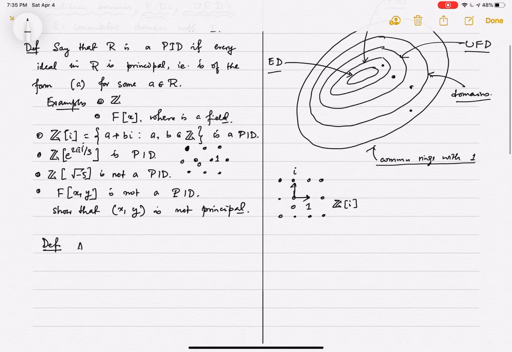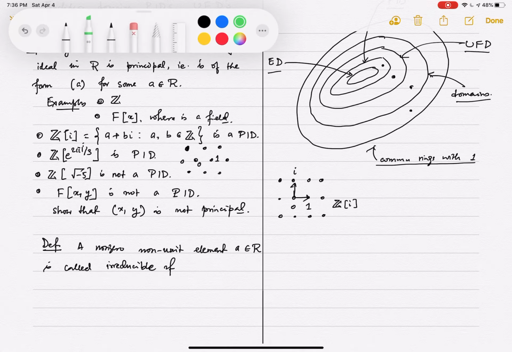A non-zero, non-unit element a in R is called irreducible if it does not have any proper factorization.